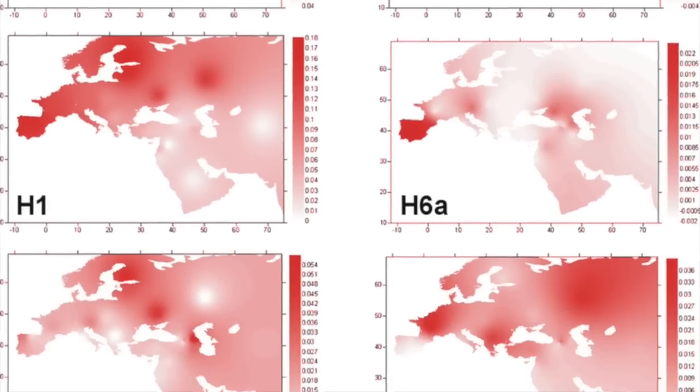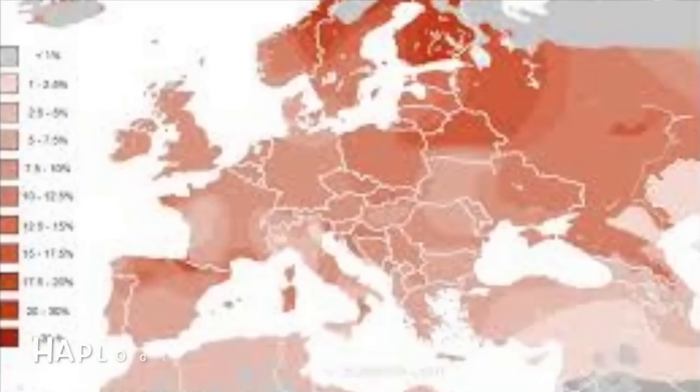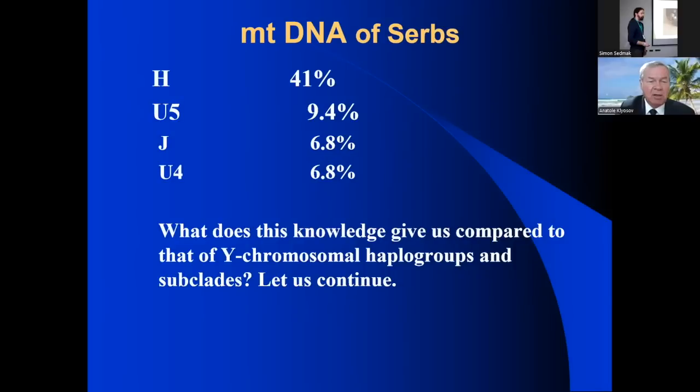You see haplogroup H, 41%, U5, close to 10%, J, close to 7%, U4, close to 7%. So most Serbian women, I should say, descended from a haplogroup H mitochondrial bearer.